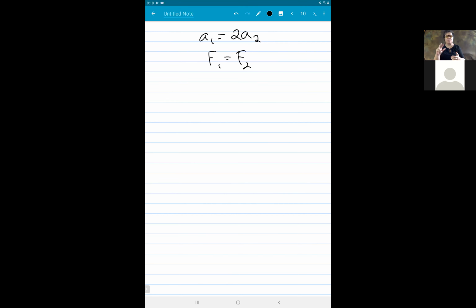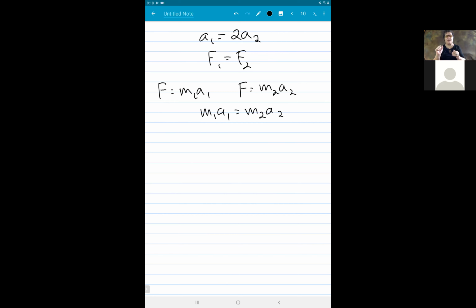So we know that F is going to equal M1A1, and we know that F is going to equal M2A2. Right, so that's just for each individual cart. We know that the force is going to equal MA for each cart, right? So we set up these independent Newton's second law, F equals MA expressions here, and they're equal to each other. So I can say that M1A1 is equal to M2A2.